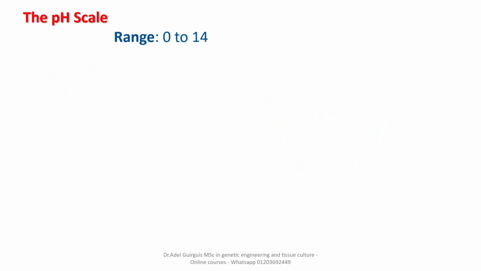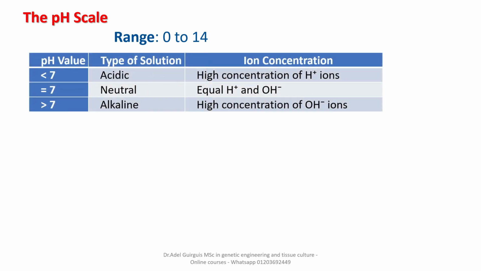The pH scale ranges from 0 up to 14. What does this indicate? Values less than 7 mean the solution is acidic, where the concentration of protons is high.